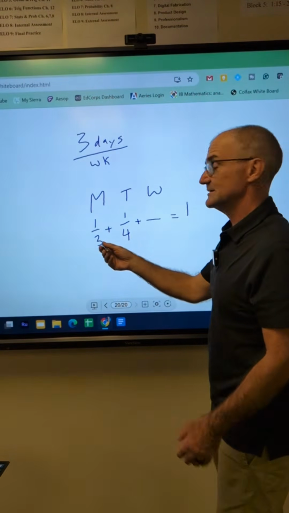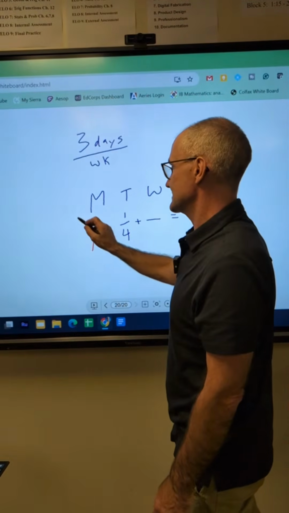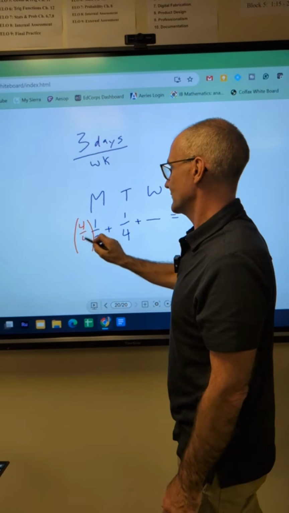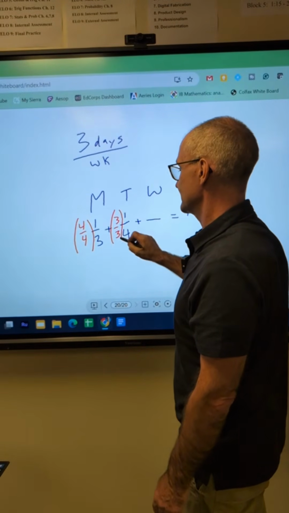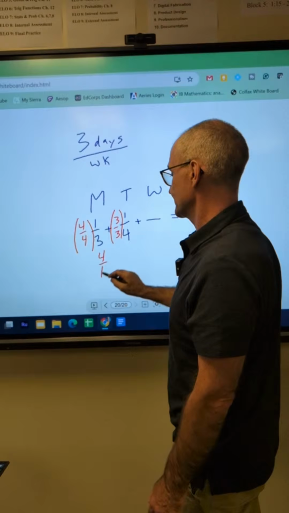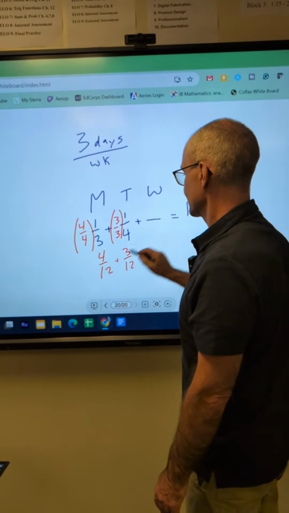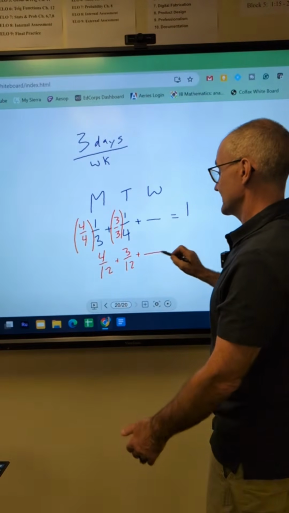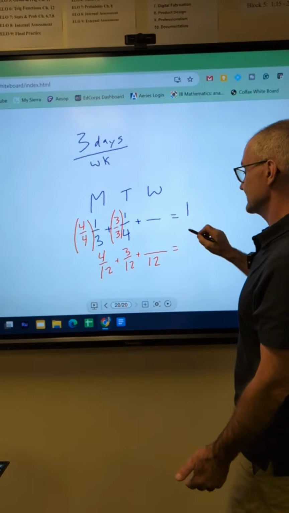The lowest common denominator for 3 and 4 is going to be 12. I got to multiply this by a 4 over 4. Multiply this by a 3 over 3. This is going to give me 4 twelfths. This is going to give me 3 twelfths. This is going to be that common denominator of 12 to equal 1.